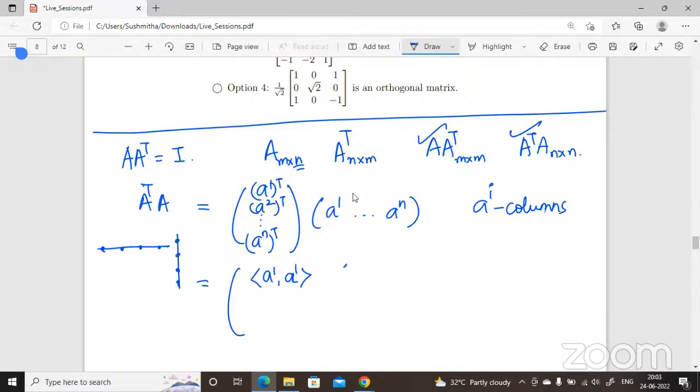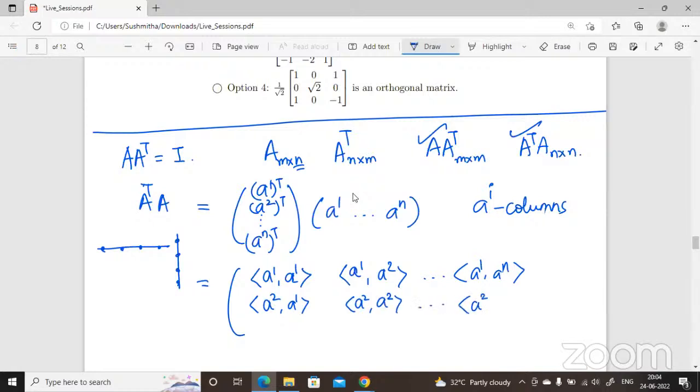And what is the next entry? The first row with the second column: A1 dot A2. Like that, A1 dot AN. And in the second row, it's starting with A2 dot A1, A2 dot A2, up to A2 dot AN. So it's like an identity matrix, a square matrix, if they're all orthogonal, otherwise no. Exactly.